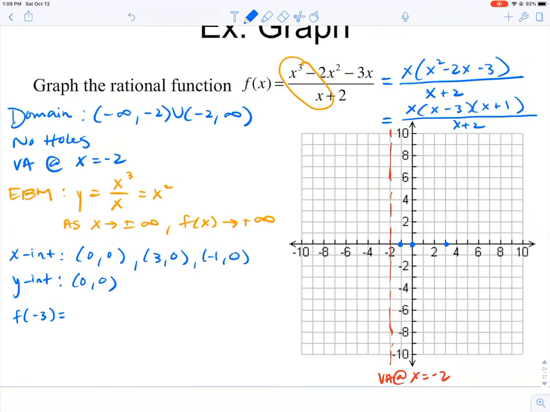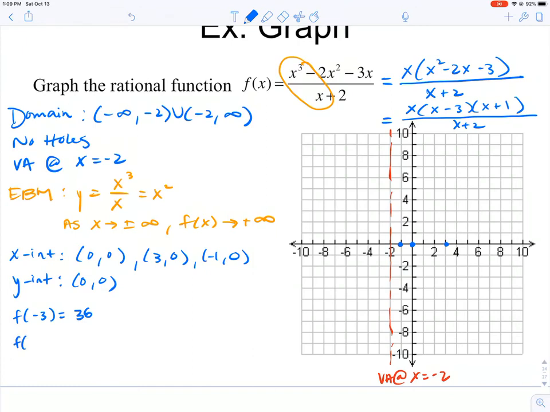Kind of wish I hadn't put this one on here. Oh, 36. That's way up off of my graph.